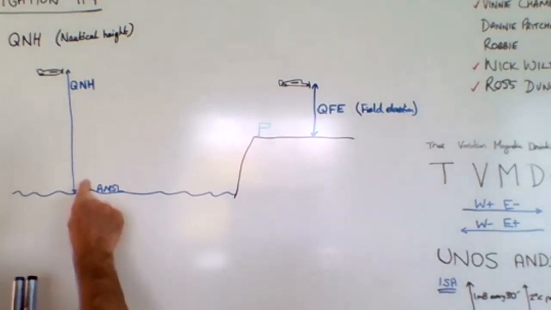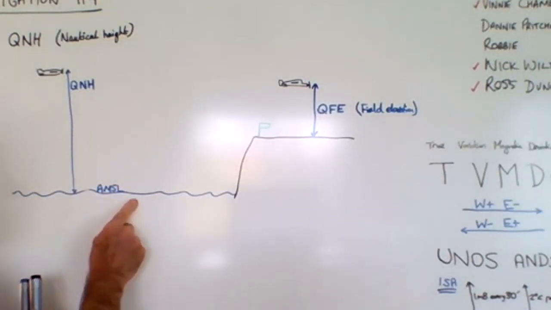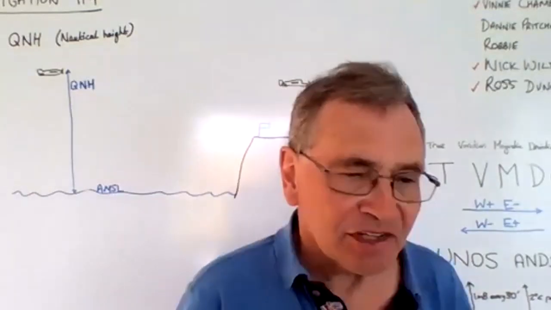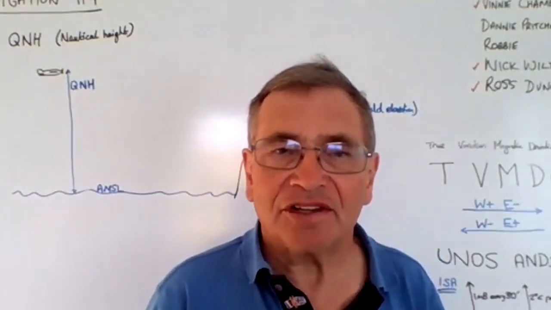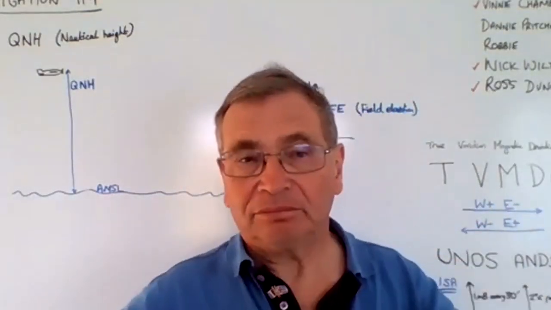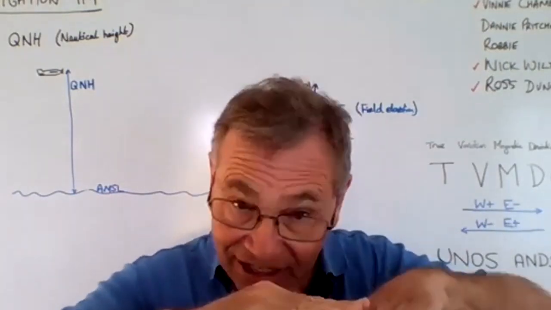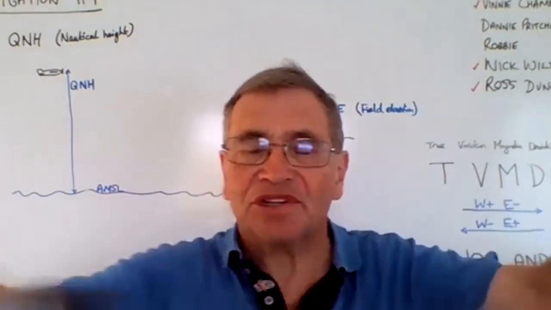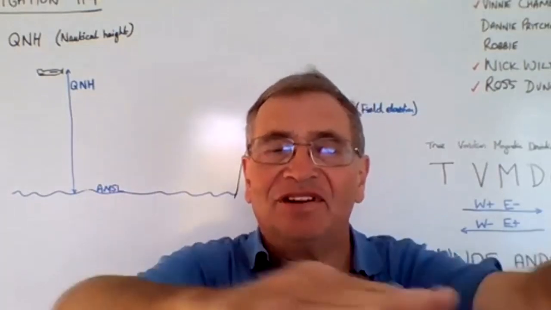All these things are based on something called the mean sea level. As far as we're concerned, the sea doesn't go up and down. In other words, we have a mean sea level, which somebody has determined is the level of the sea.